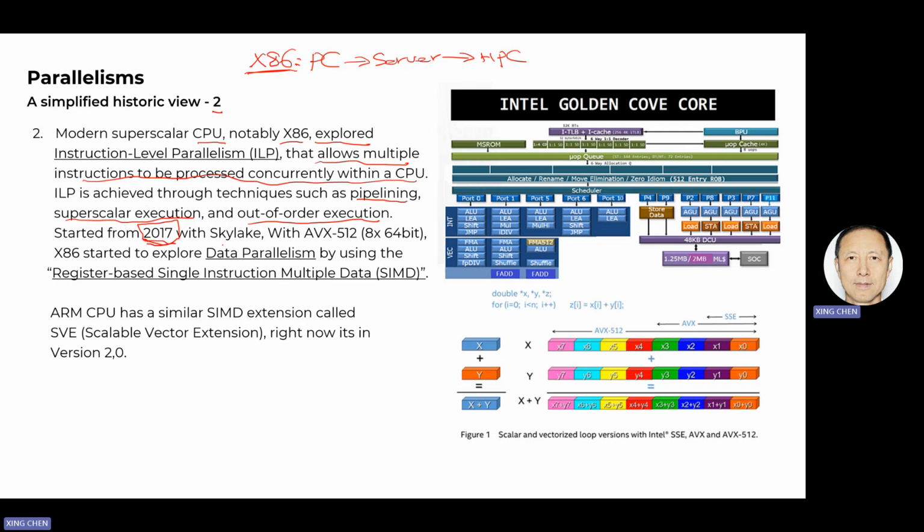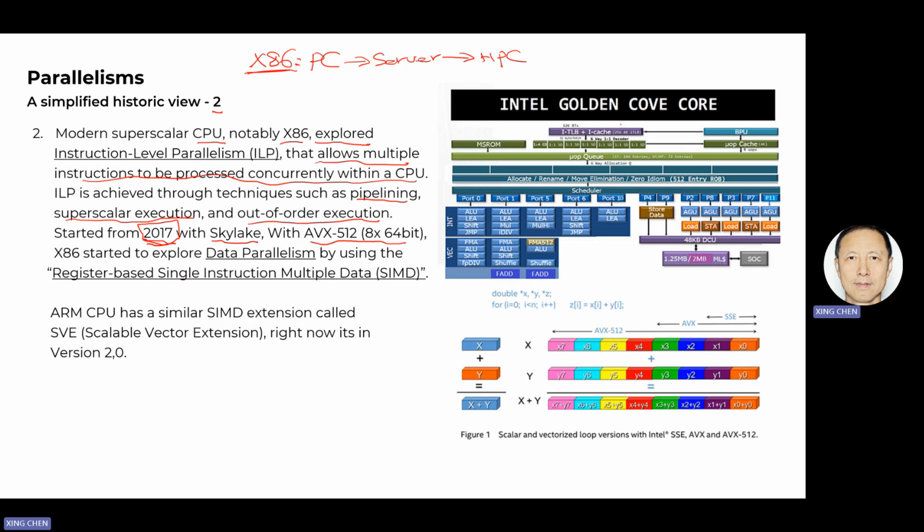So starting from 2017 with Skylake, with AVX 512, x86 started to explore data parallelism by using register-based single instruction multiple data. Okay, so I have got this microarchitecture, but I'm a little bit lost.